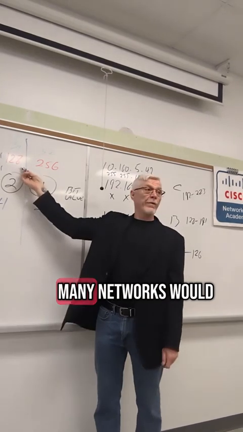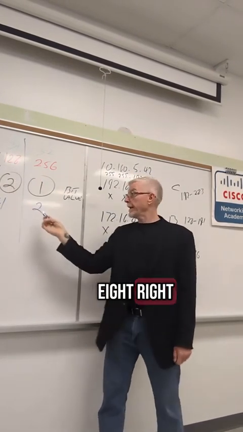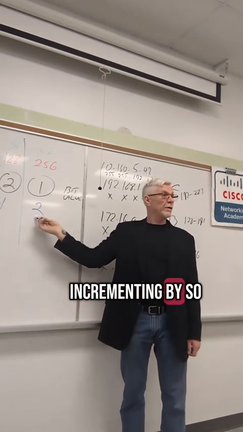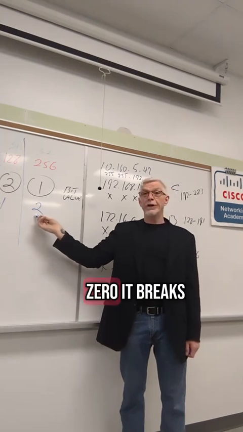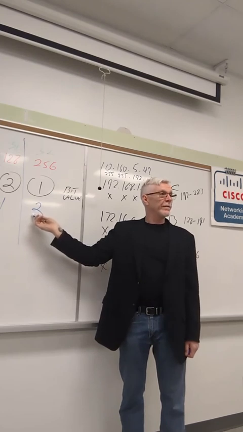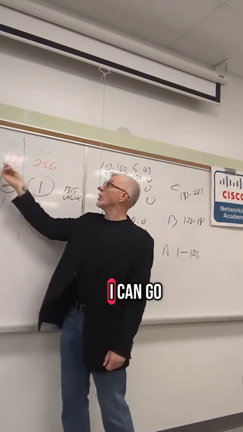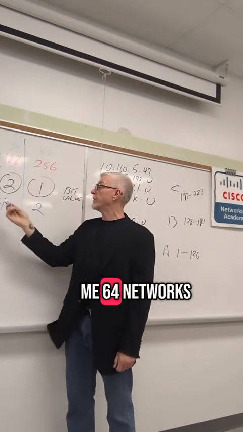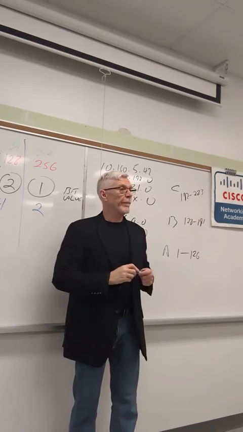How many networks would I get? 128, right? Incrementing by? 2. So how many hosts do I actually get? 0. It breaks down here. It doesn't work. Error. Yeah, exactly. So the last I can go is a CIDR value 30, which would give me 64 networks incrementing by 4, which would give me only 2 hosts per.